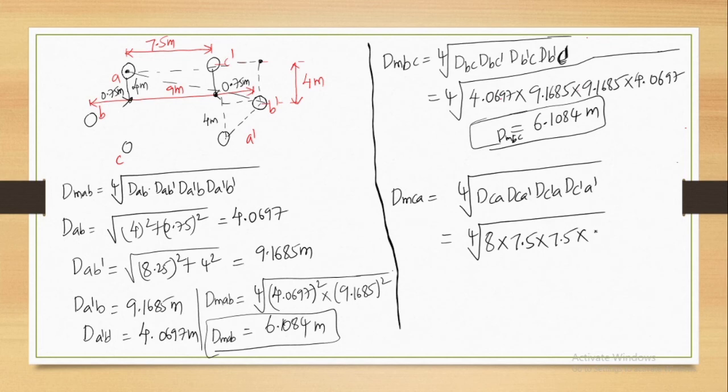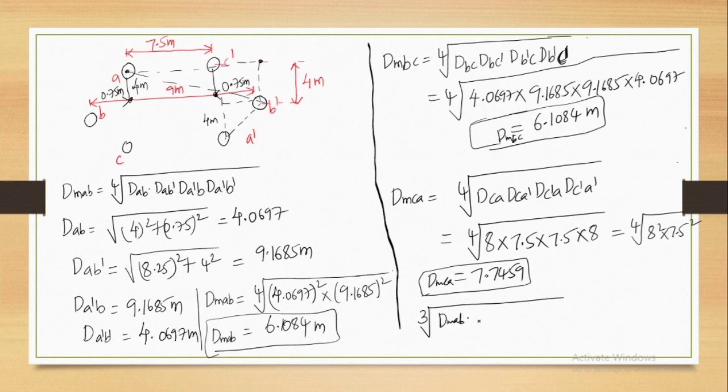Yes, it is also 8. No need to find again by using the formula. Now it is the fourth root of 8 square into 7.5 square. That's 7.7459. This is DMCA.